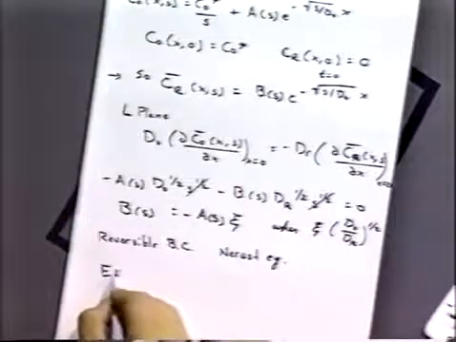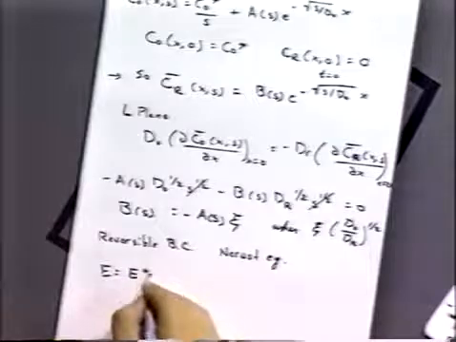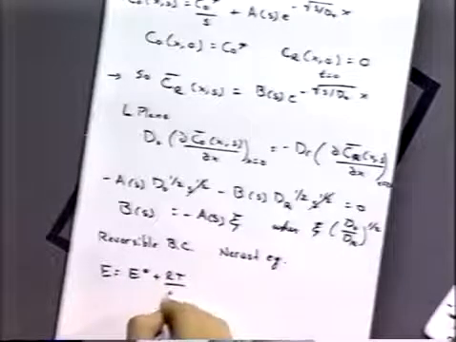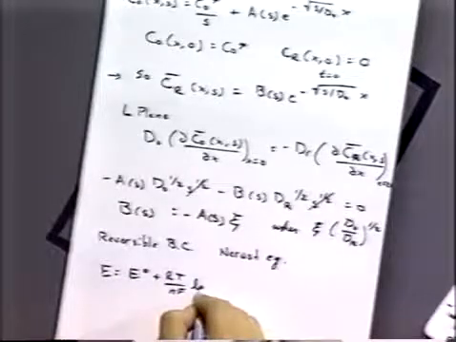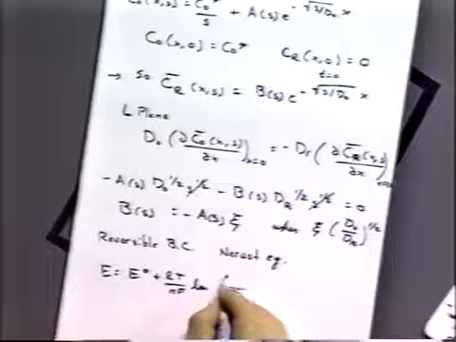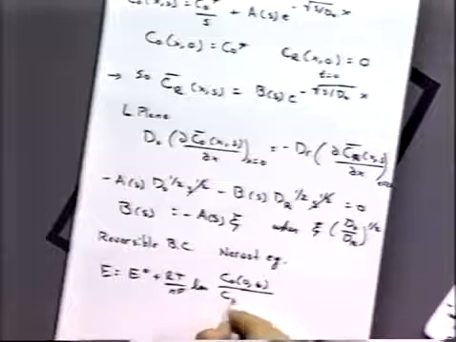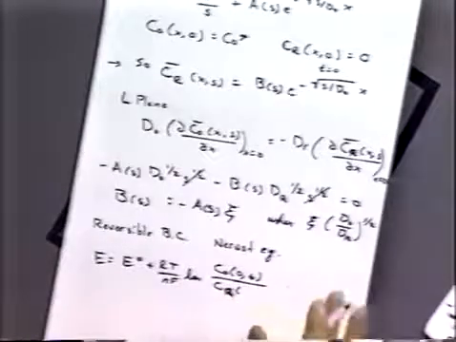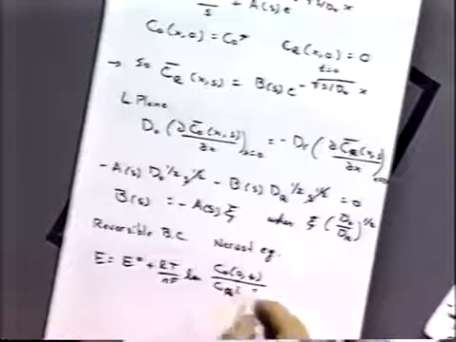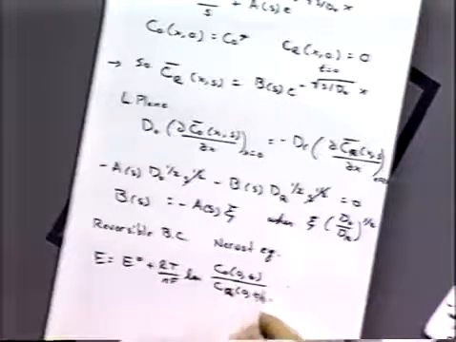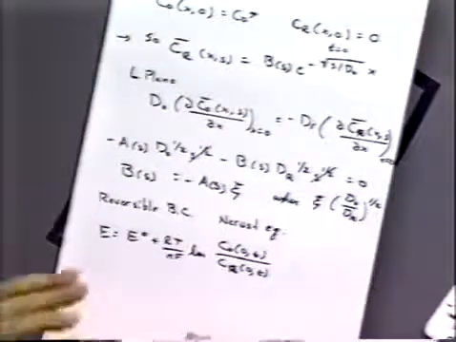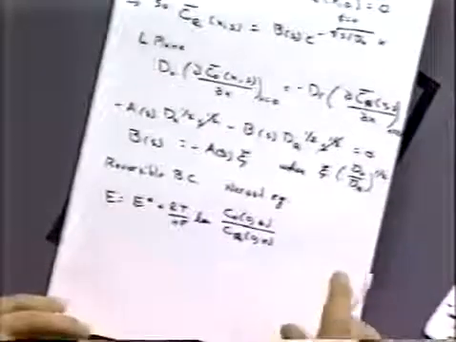So E is equal to E0 plus RT over NF, natural log. And the Nernst equation applies in the bulk, but it also applies at the electrode surface. As long as we've got a certain potential at the electrode surface, the ratio of the concentrations at the electrode surface will be given by the Nernst equation at equilibrium.